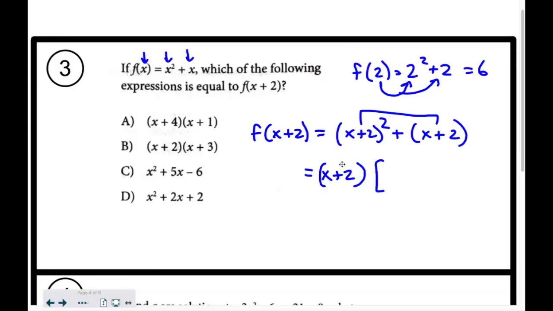It's the reverse of the distributive property because I'm factoring out a GCF. x plus 2 times another x plus 2 is where this x plus 2 squared comes from. Then x plus 2 times 1 is where this plus x plus 2 comes from. So I simply have x plus 2, and if I simplify what's in here, x plus 2 plus 1 is x plus 3. So that is answer choice B.